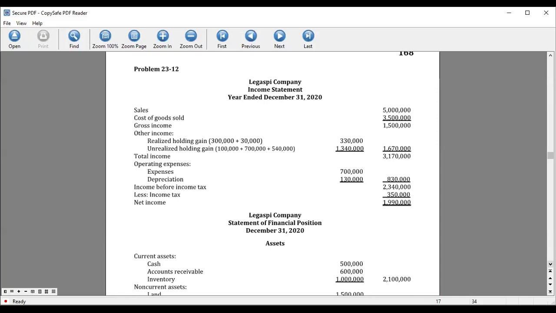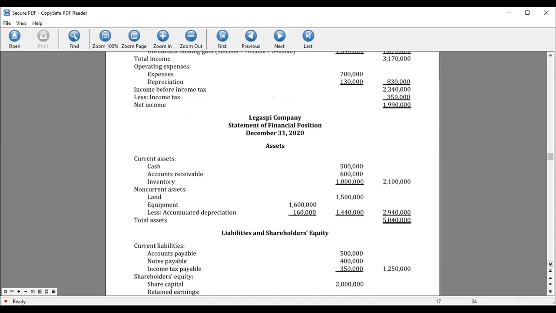700,000, and depreciation is 130,000. So we have now the income before income tax, and we deduct the income tax of 350,000. We have now the net income of 1,990,000.